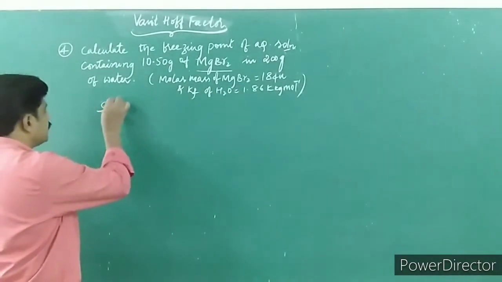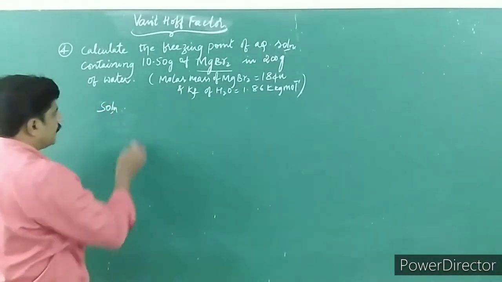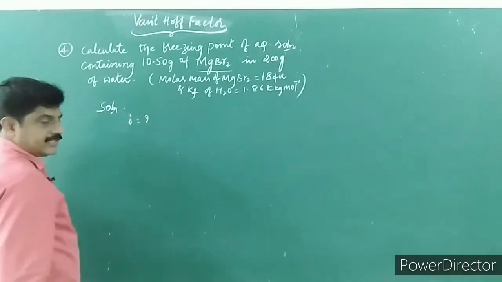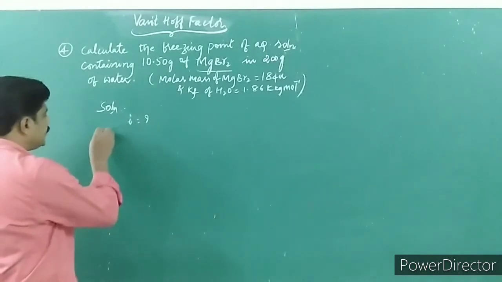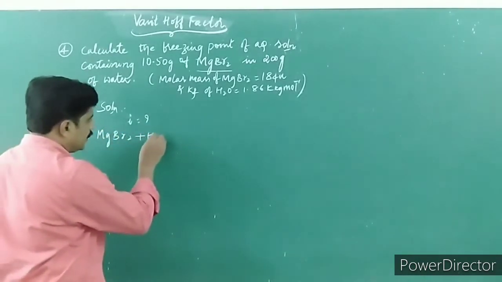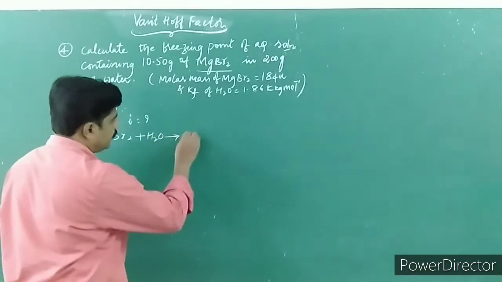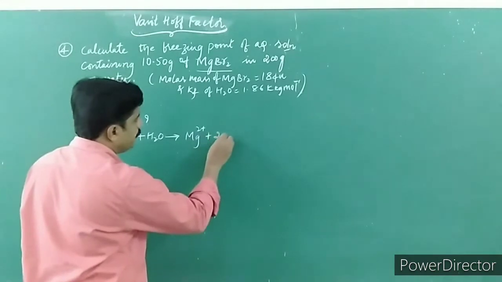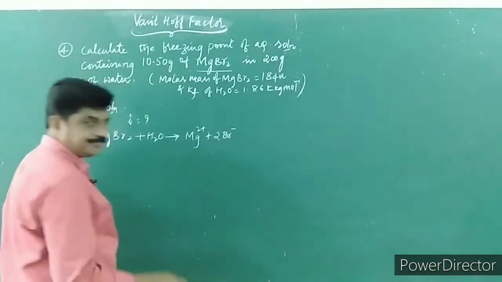Let me solve this numerical. Let me find out i first. Look at here, children. They say magnesium bromide, is it not? When dissolved in water, it undergoes dissociation to give Mg2+ and 2 Br- ions.